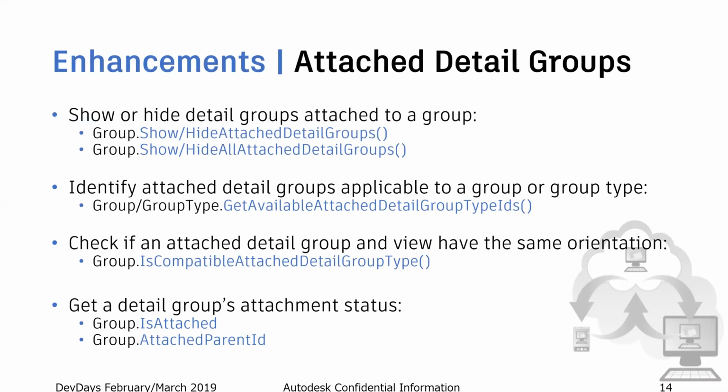You can also get the detail group's attachment status, so you can find out whether it's attached and what it is attached to. And for a given group type, you can get a list of all the attached detail groups that are available for attachment.